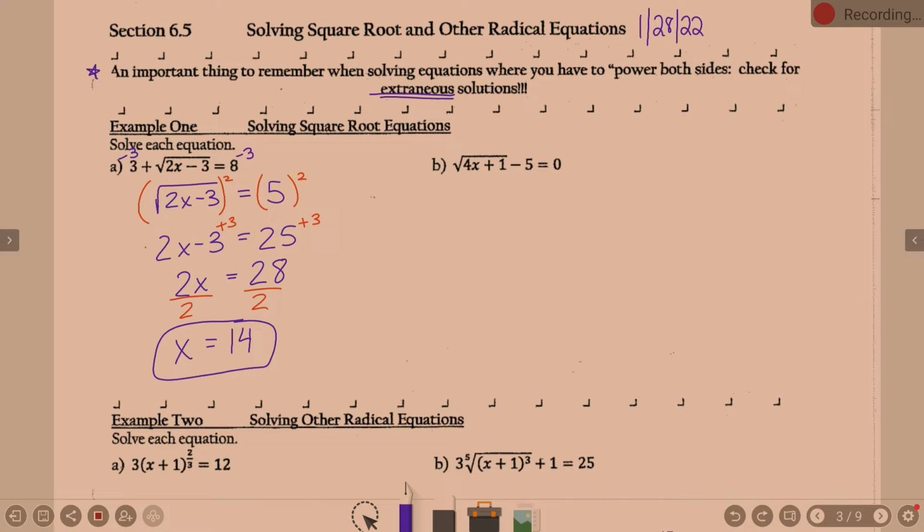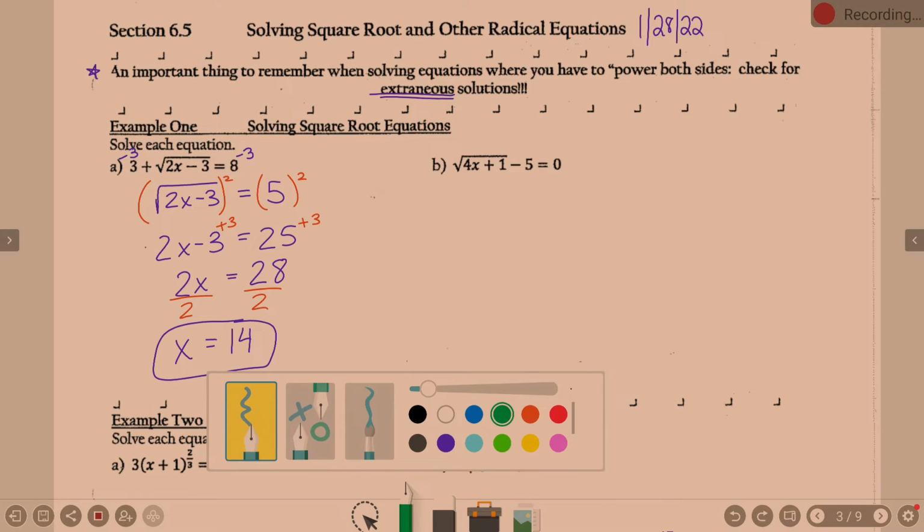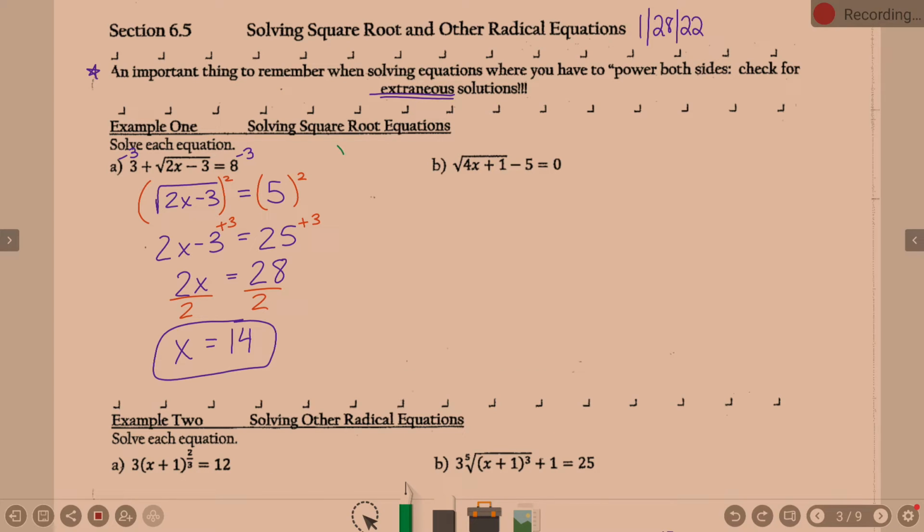Some of them will be easy today, I promise. Okay, the key is remembering step 1 here. One thing we always have to remember to do is we're going to isolate the radical. Just like when you get sick and you have to isolate at home with COVID.